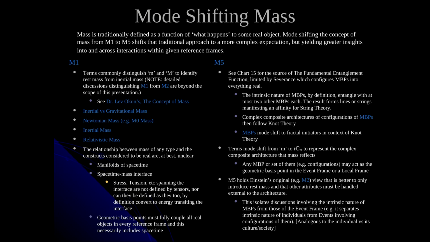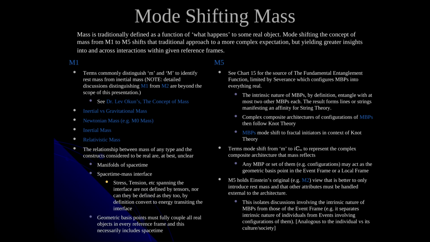So for example, under M1, we would use the M0. If you back all the way up to that Einstein chart, you'll see that he used the M sub 0 to describe rest mass, whereas in M5 we use complex numbers to represent that mass because it's an architecture. It's a complex composite architecture, and in order to represent that architecture in a dynamic kinetic kind of way, we really need to use complex numbers to do that.